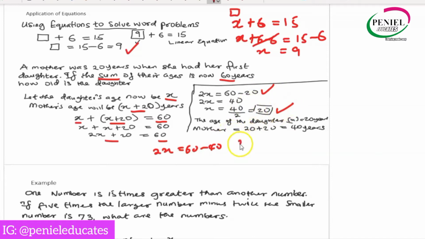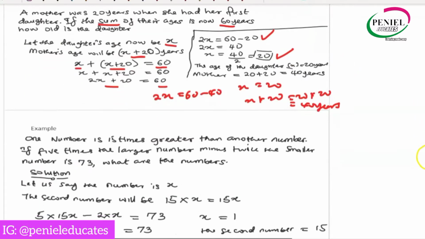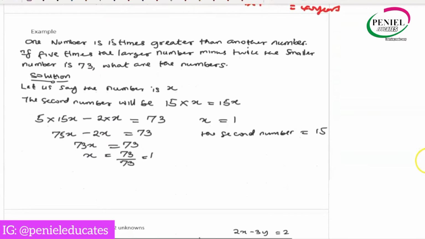If x is 20, the mother's age is x plus 20, so 20 plus 20 is 40 years. So the mother is 40 years while the daughter is 20 years.